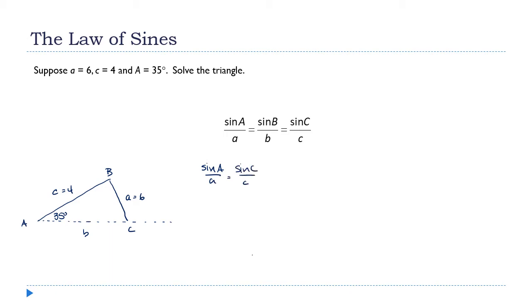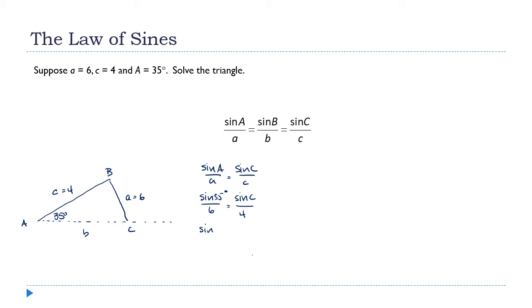And let's put some numbers in. Sine of 35 over 6 equals the sine of C over 4. And then let's see, multiply both sides by 4.